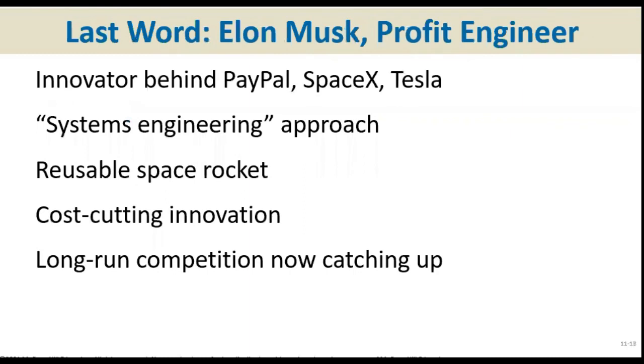So the last word of the chapter, as I alluded to, is from Elon Musk. And the idea here is to show you how, in the short run, a serial entrepreneur can be profitable by coming up with an innovative way of doing things or developing a new process to solve a problem.